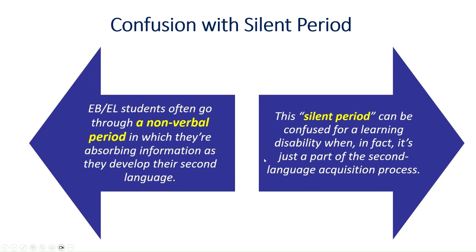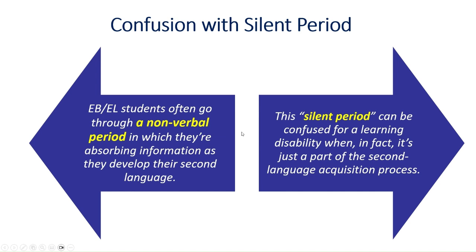In fact, they're actively observing the new language, often focusing on listening and reading as they build comprehension before feeling ready to produce language orally or in a written format. So, this is a very normal stage of second language acquisition.